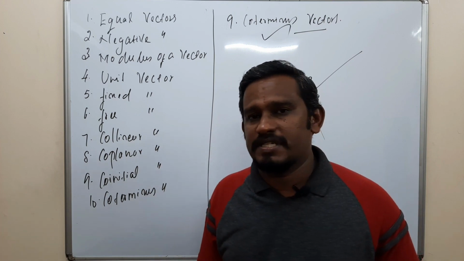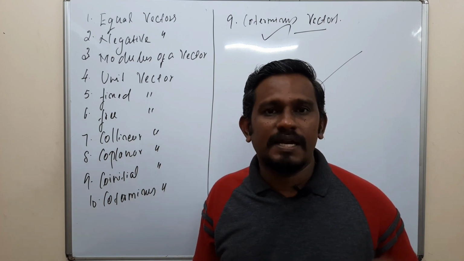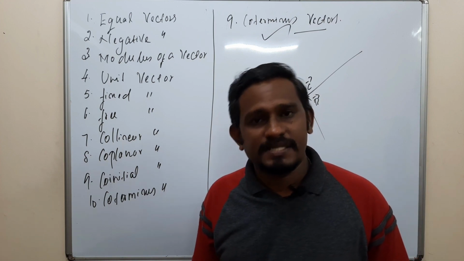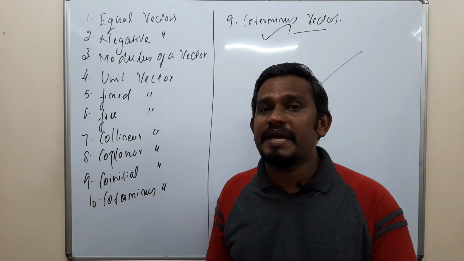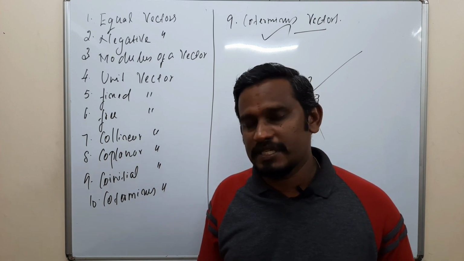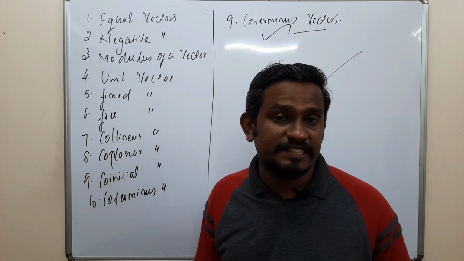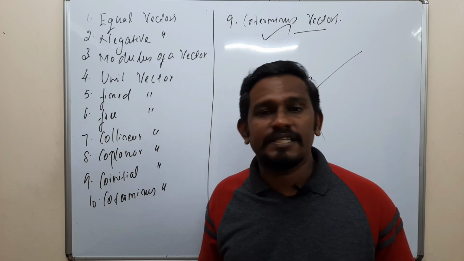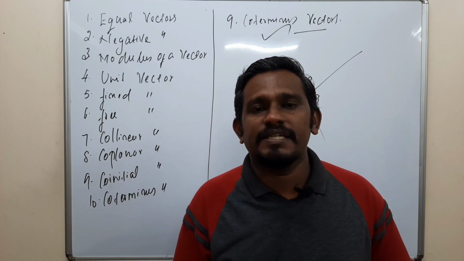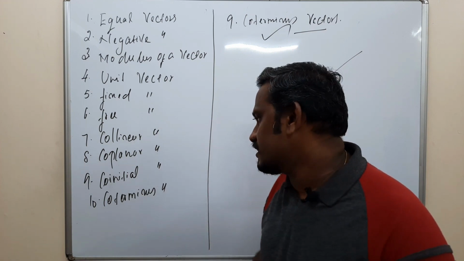Then collinear vectors. If two vectors are acting in the same direction or along the same line, and the angle between the vectors is theta equal to 0, then we can say that it is a parallel vector. If they are acting in the opposite direction, meaning the angle between the vectors is 180 degrees, we can say that they are anti-parallel vectors. Okay?